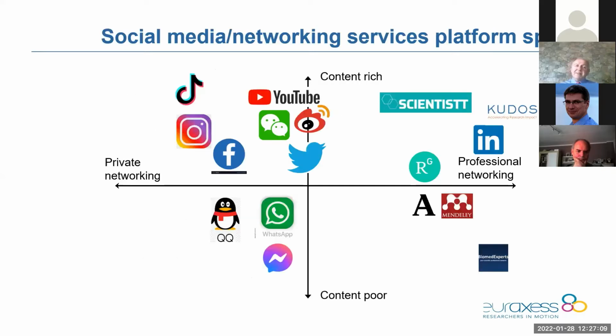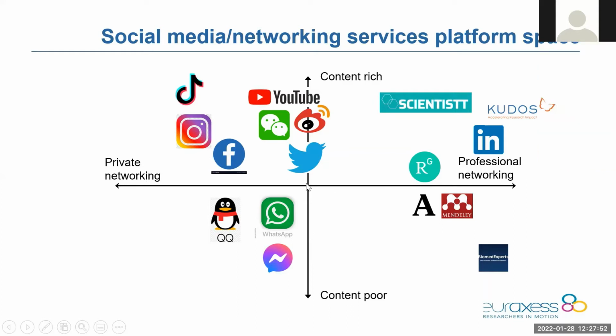But let's see the whole picture. Let's see the social media and social networking service platform space as a whole. In this picture, you will see two axes, a horizontal axis starting from zero. Zero is in the center of the picture where those two axes cross. It starts from zero going to private networking, and the other side goes from zero to professional networking.